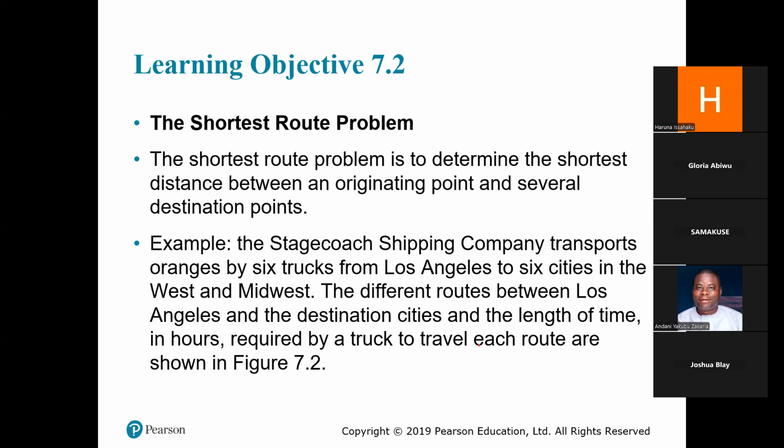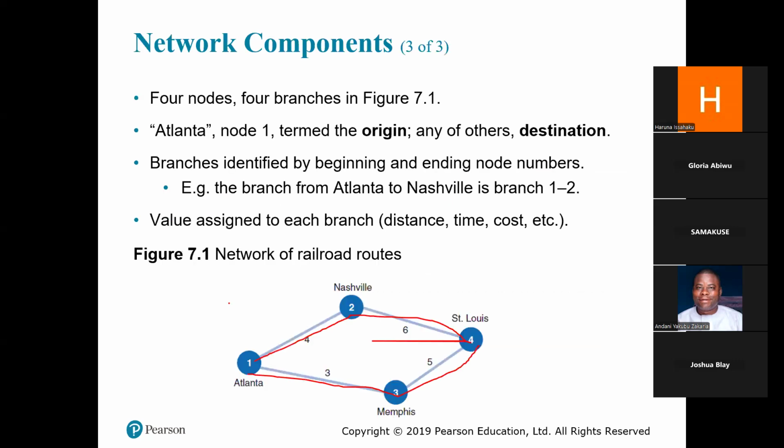Here, our aim is to determine the shortest distance between an originating point and several destination points. So from Atlanta, what is the shortest route, for instance, to St. Louis?